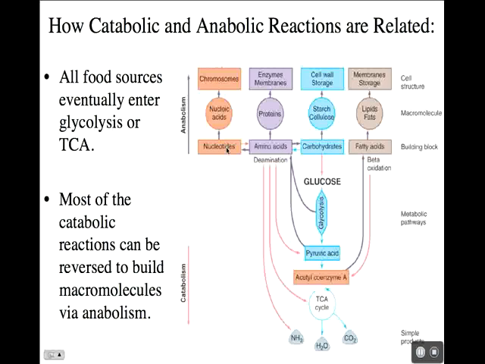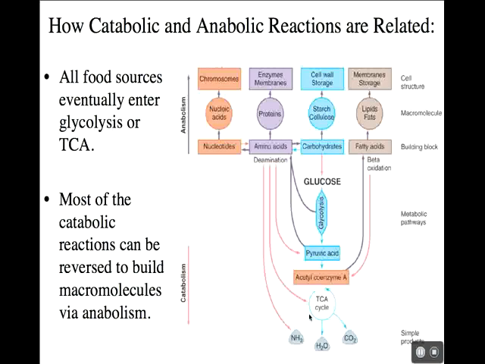If you ate a burger, you had cow DNA. Those nucleotides get turned into amino acids. They go through deamination and enter into the TCA. So everything eventually goes to the same place. It doesn't matter if it was a protein, a fat, a carb, or nucleotides. They all go eventually into the same process stage.